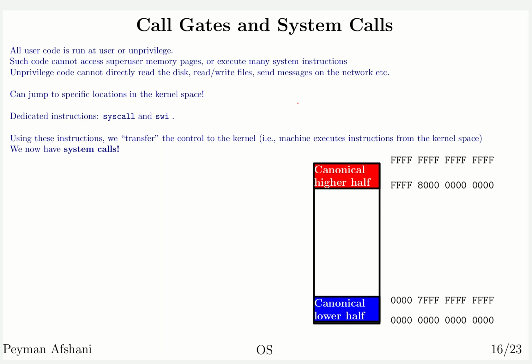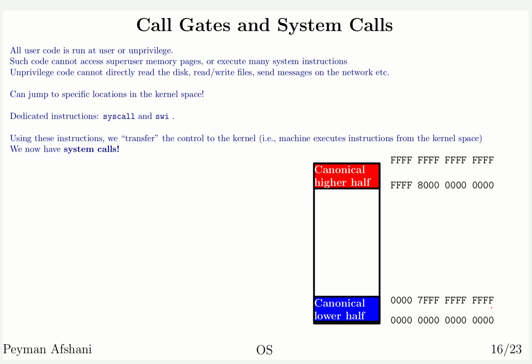In a 64-bit Intel machine, as we've discussed, there are 48 bits of virtual memory. That means that the high 4 hex digits, which correspond to 16 bits, don't matter, and what matters is the lower 48. Inside this lower 48, the space is divided into two parts: the canonical lower half and the canonical upper half.